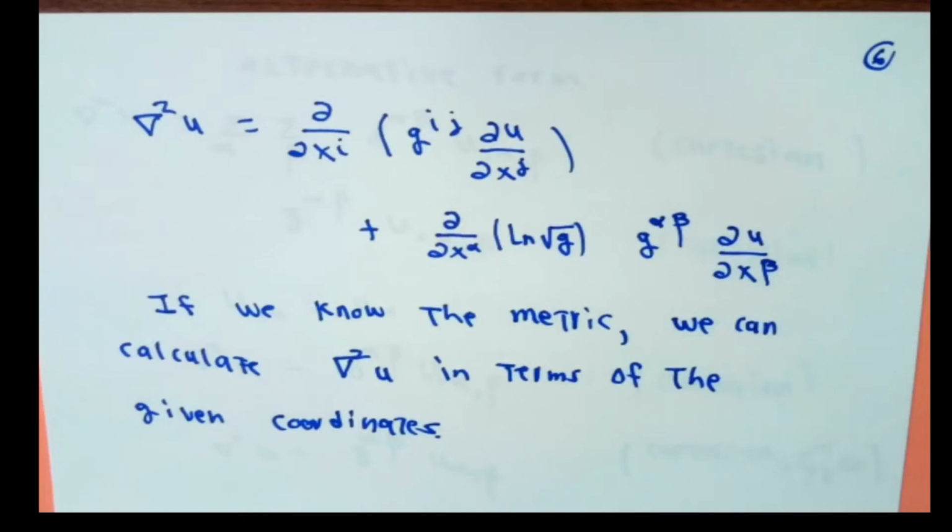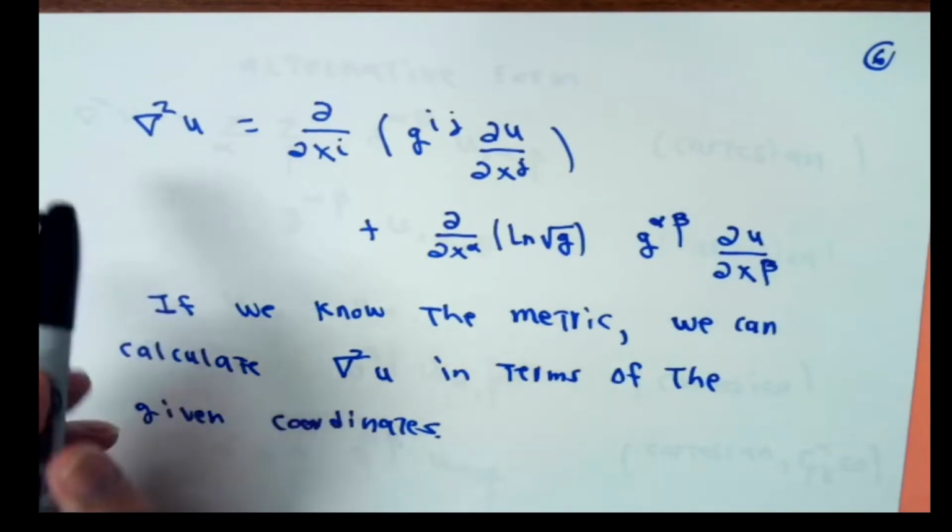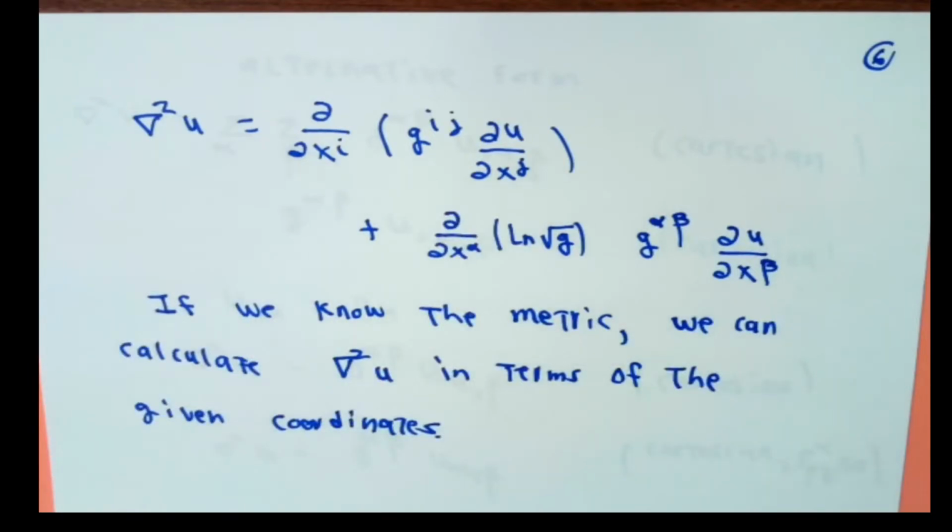And now you see, of course, why we went through all that travail with the natural log of the square root of g, or square root of negative g if we're doing relativity. The knowledge of the metric tensor in terms of the coordinates is enough to let me calculate the Laplacian of u, and I don't ever have to make any reference whatsoever to Cartesian coordinates at all if I don't feel like it.